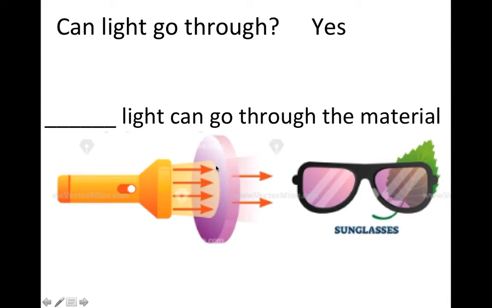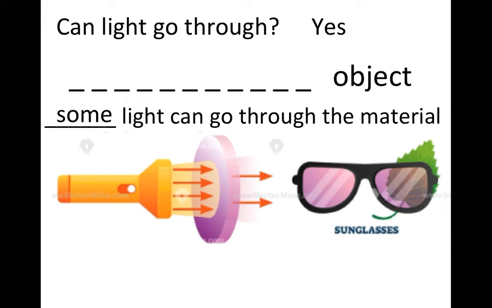See how there's 4 and only 2 that go through. 2 is less than 4. What we say in English is some. Some light can go through the material. Some. This new word is translucent.